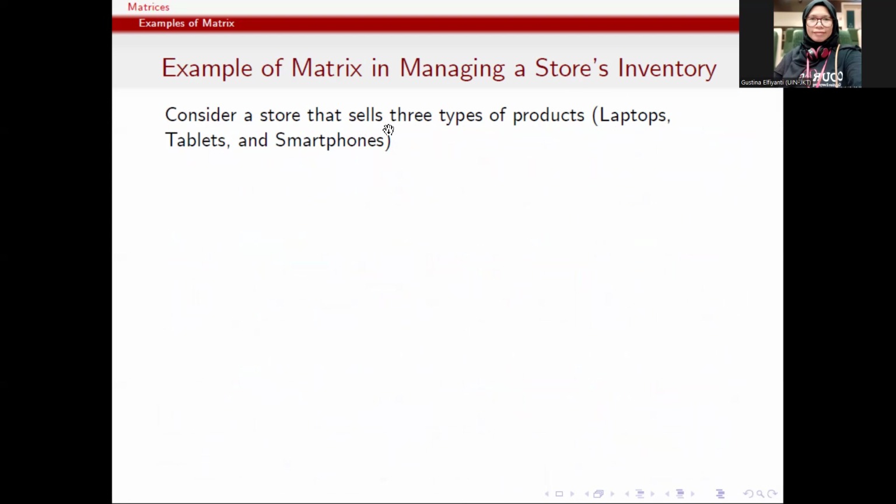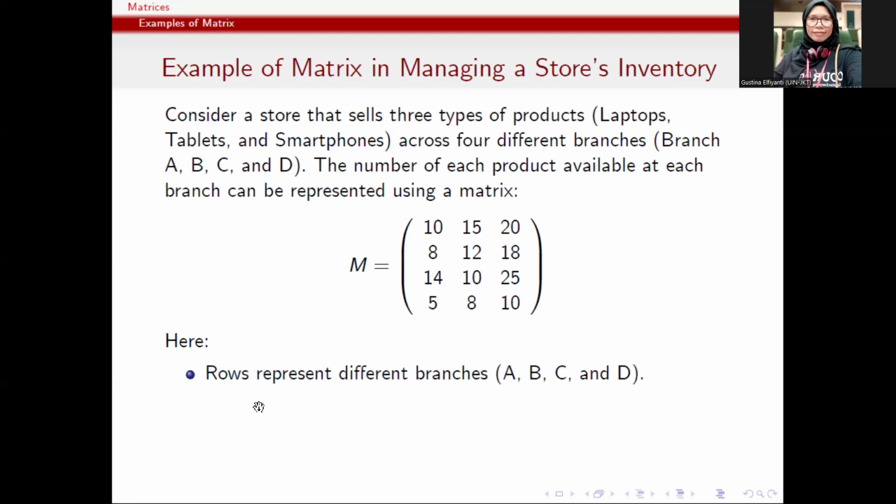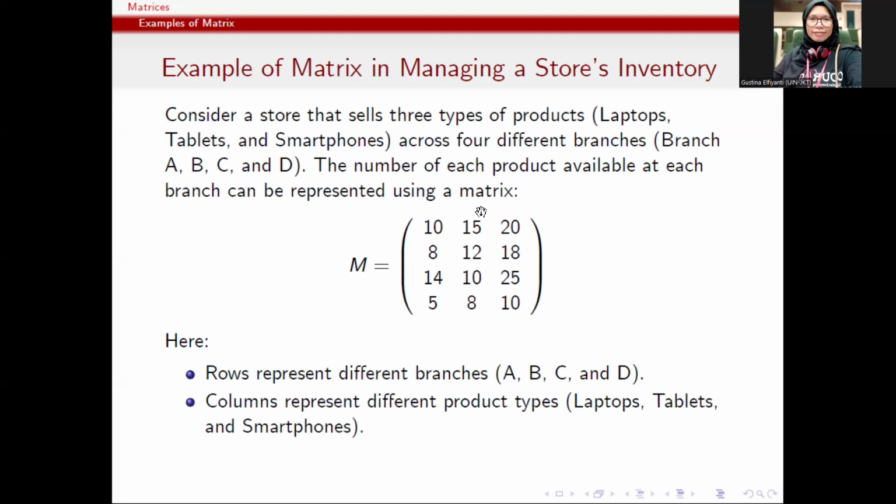Consider a store that sells 3 types of products, let's say laptops, tablets, and smartphones, across 4 different branches, let's say branch A, B, C, and D. The number of each product available at each branch can be represented using a matrix, let's say M. Here, rows represent different branches, A, B, C, and D. And the columns represent different product types, laptops, tablets, and smartphones.